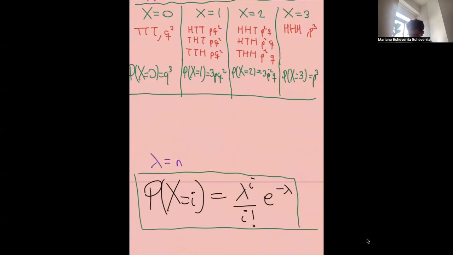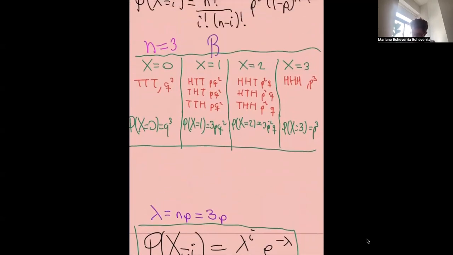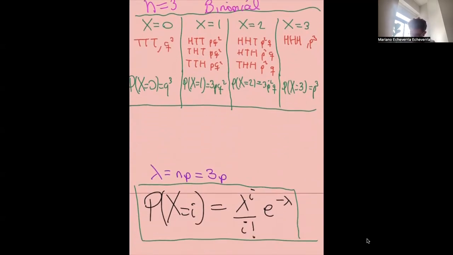So if you take n to be 3, you get lambda equals 3p. So this is with the binomial, and this is for the Poisson one. For the Poisson with x equals 0, I never said it, but 0 factorial is defined to be 1, a convenient convention.